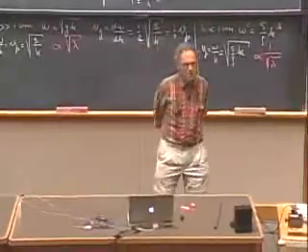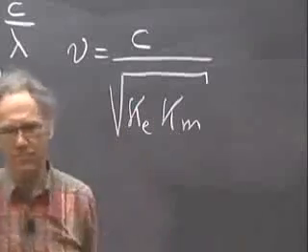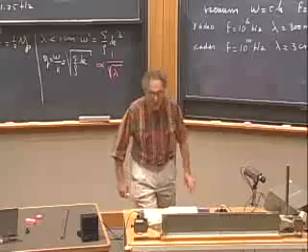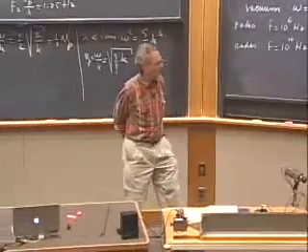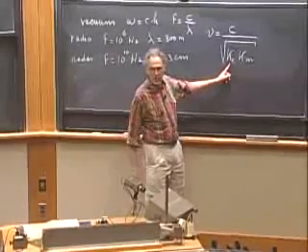And in vacuum, this is 1, and this is 1. But that's not the case for water, and that's not the case for glass. And in fact, kappa E is strongly frequency dependent.